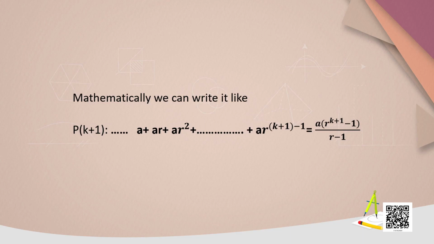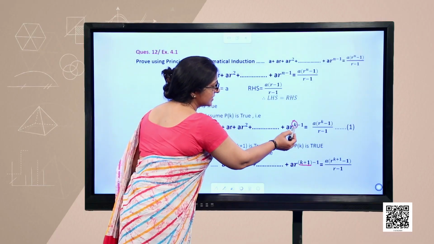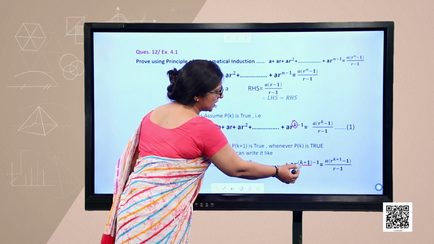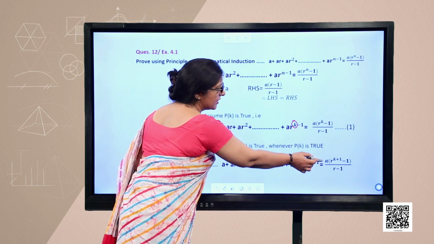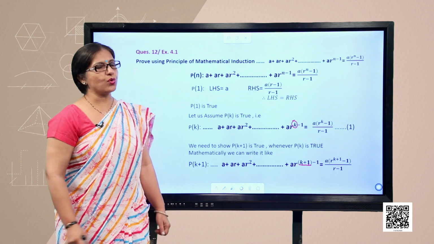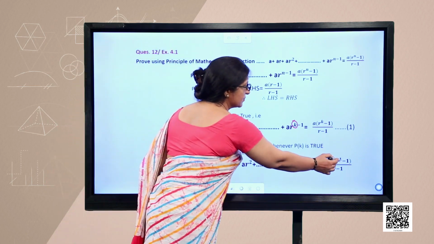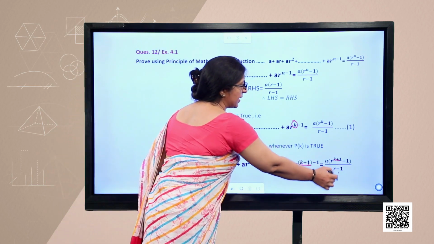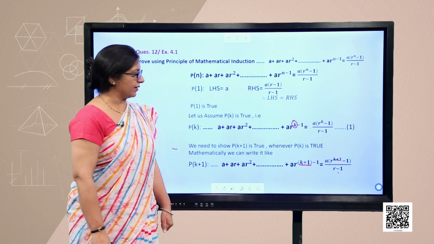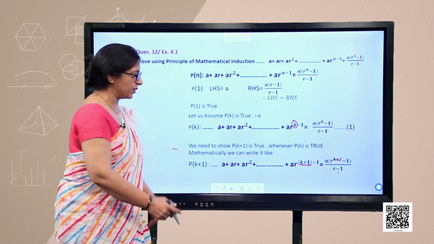Wherever there is a k, we replace it by k plus 1. Since here it was k minus 1, this becomes k plus 1 minus 1, which is equal to a into r to the power k plus 1 minus 1 divided by r minus 1. This is the statement which is to be proved.